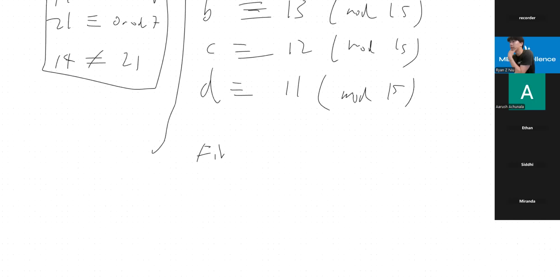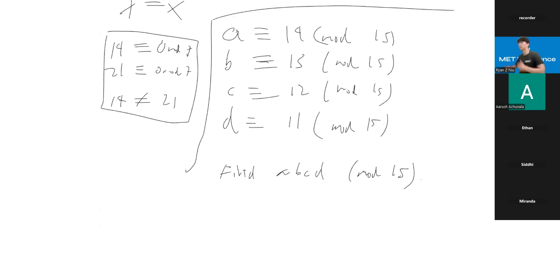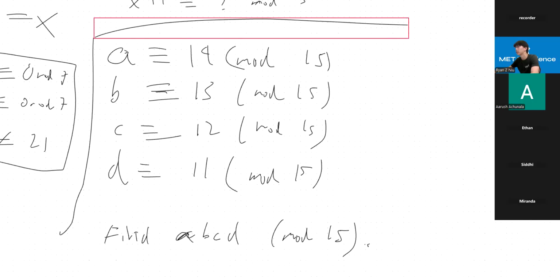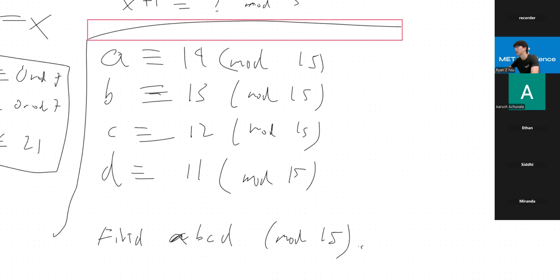Find A, B, C, D mod 15. So I'll give you guys some time to think about this problem now. And if you have any answers, just DM them to me, or any questions too.